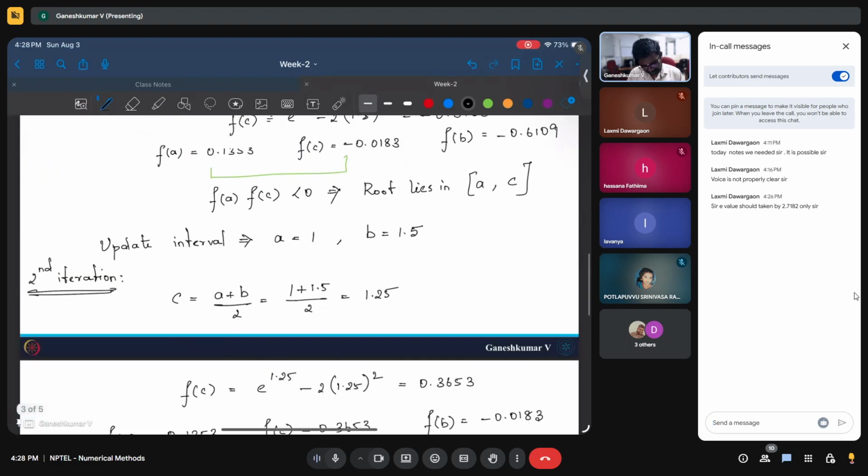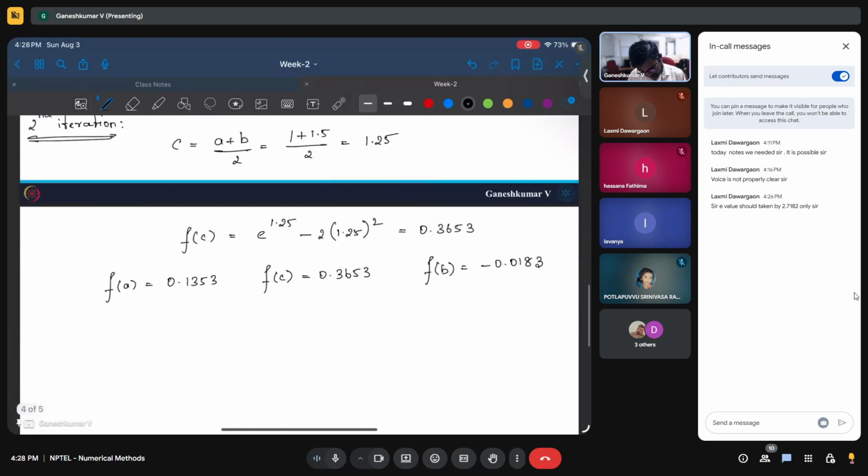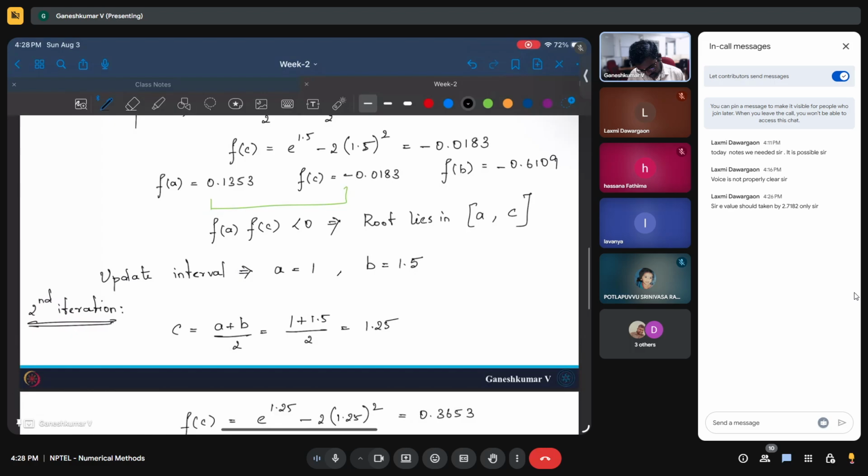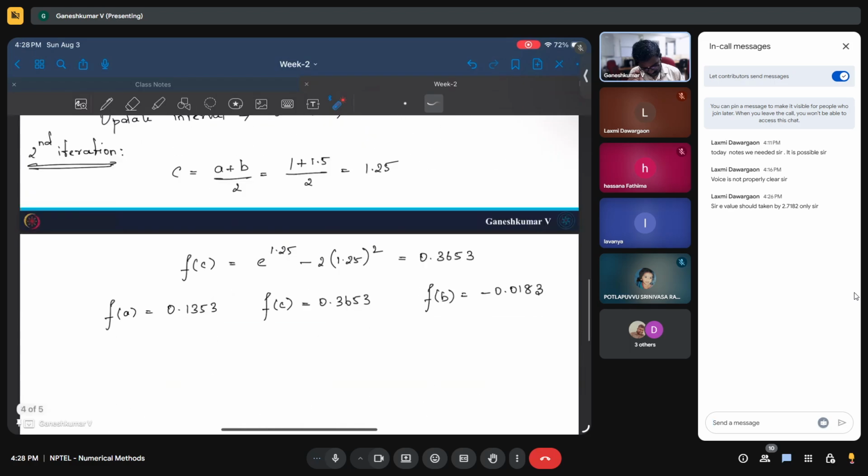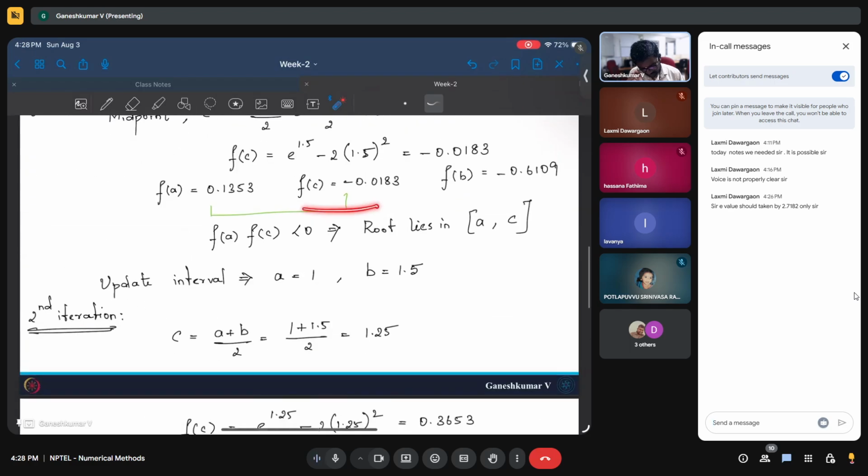So which means you can kind of understand that if you look at it, f of 1 is 0.13 and f of C is like minus 0.0183. So which means the root is actually lying much closer to 1.5 than 1.25, right? So ideally I should have taken some other approach instead of blindly following the bisection method.